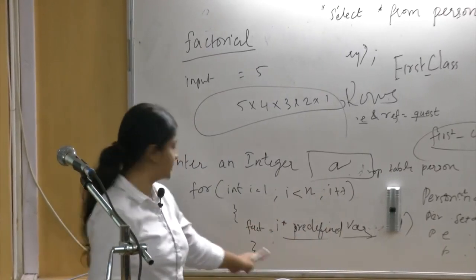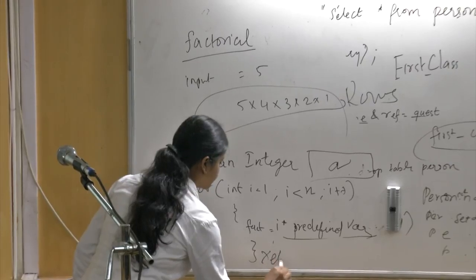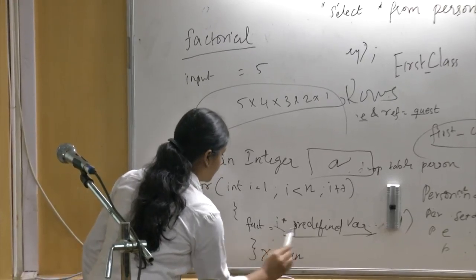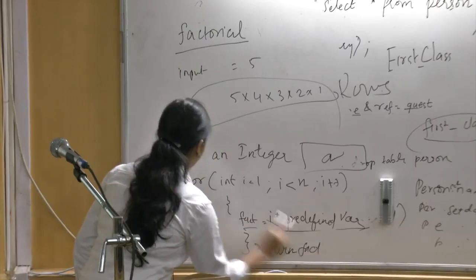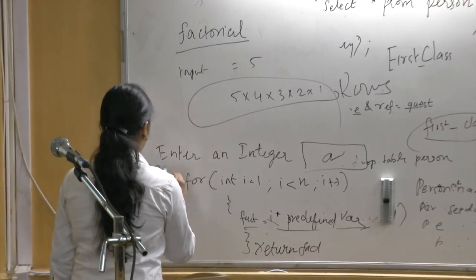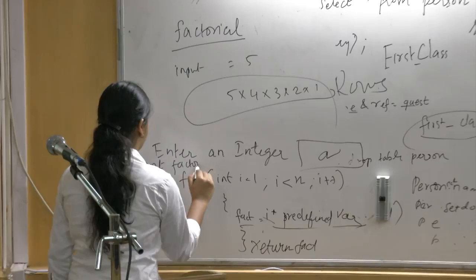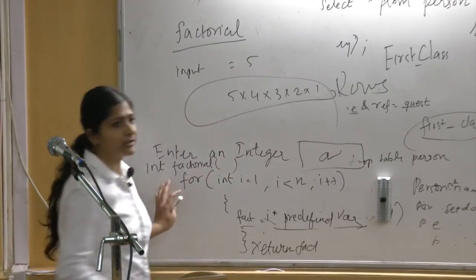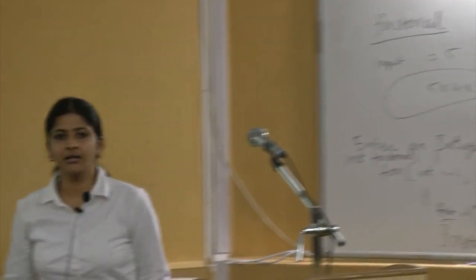Even if you put this, if you return an integer again, it will throw an exception. For 100, it is not an integer. If you multiply 100 into 99 into 98, the return will not be an integer. So we should make sure that even if you enter an integer, to get a proper answer, you have to define the data type.